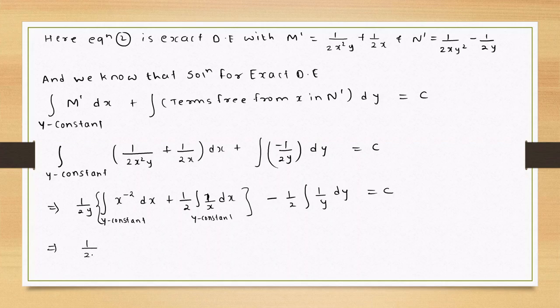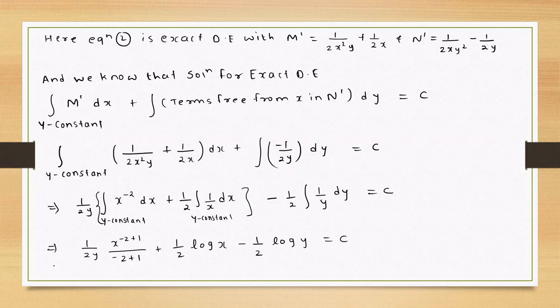So 1 upon 2y, x raised to minus 2 integration is x raised to minus 2 plus 1 upon minus 2 plus 1, plus 1 by 2, and 1 upon x integration with respect to x is log x, minus 1 by 2, 1 upon y integration with respect to y is log y, is equal to some constant c.